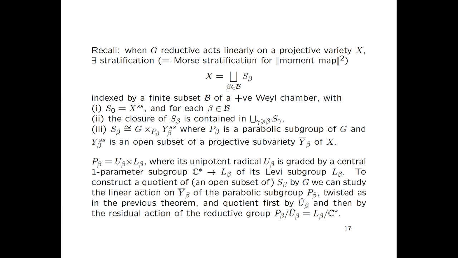And then we can quotient by the residual action of the Levi quotiented by its central subgroup, which is reductive. That sort of situation works whenever you've got a parabolic, which is a semi-direct product of its unipotent radical by a reductive group, if that reductive group contains a central one-parameter subgroup which grades the unipotent group.